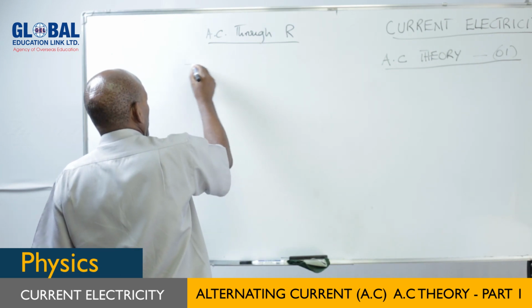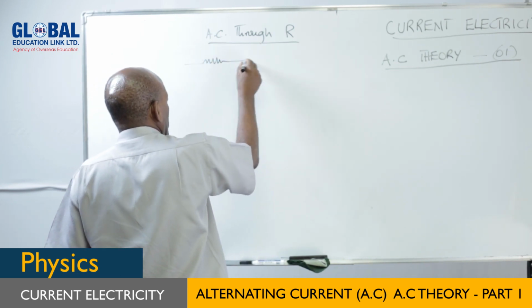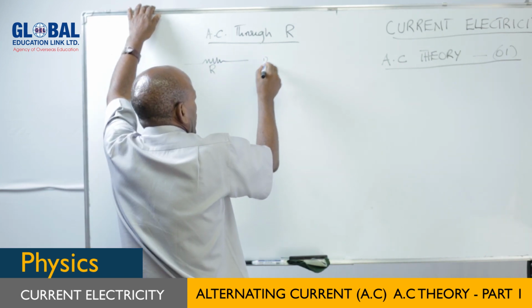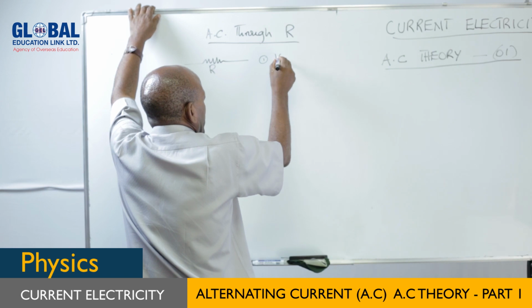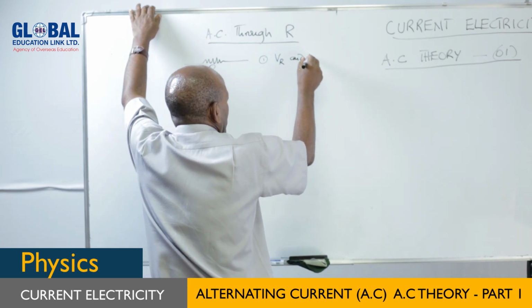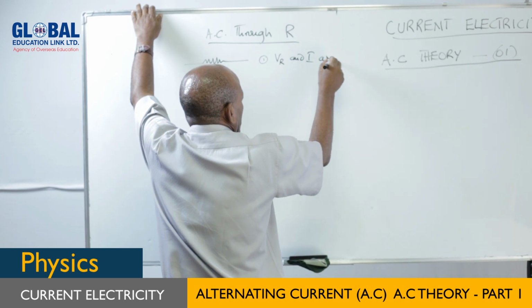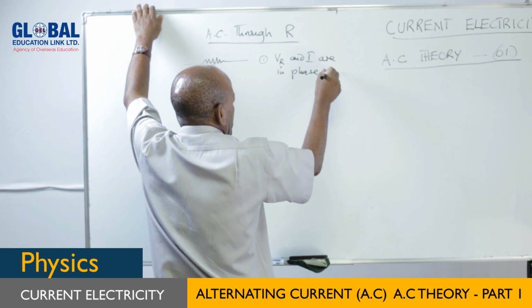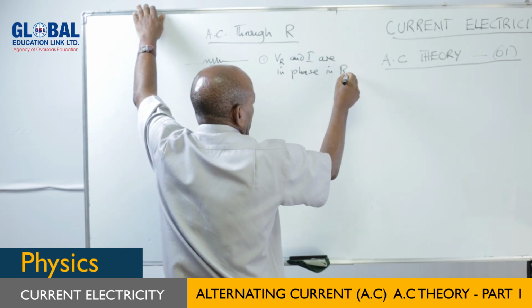So we have our symbol for a resistor like that, and in this case, the voltage through the resistor and the current are in phase.